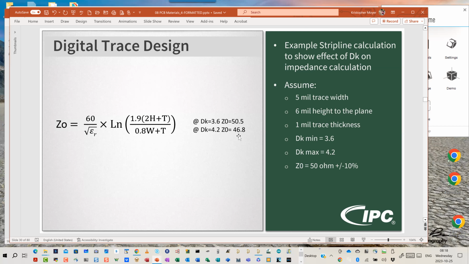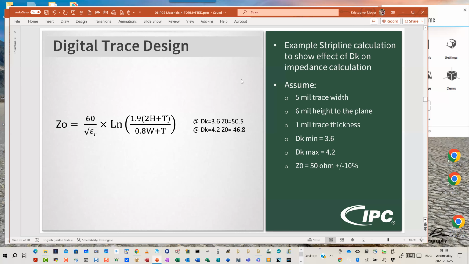But we don't want the design itself to already be this close to being out of spec, because that means any slight variation in the manufacturing of the board because of the fabrication differences or tolerances in fabrication means that I can very quickly and easily have an out of spec condition on that characteristic impedance. So we can see just how much my characteristic impedance changed just by allowing the different material dielectrics, even within that same resin system like we saw on Monday.